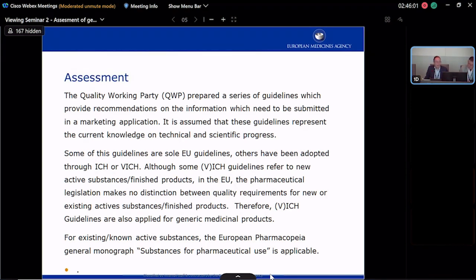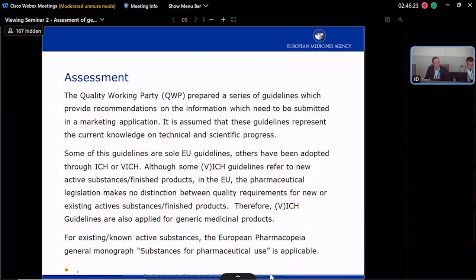This will be applicable for generics and for any other product. Some of these guidelines are solely EU guidelines. Others have been adopted through ICH or VICH, depending on veterinary or human medicinal product.